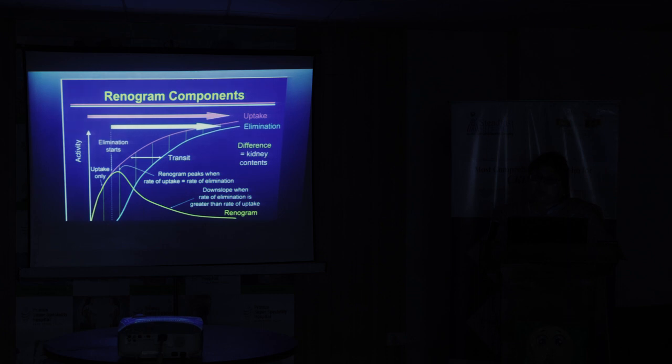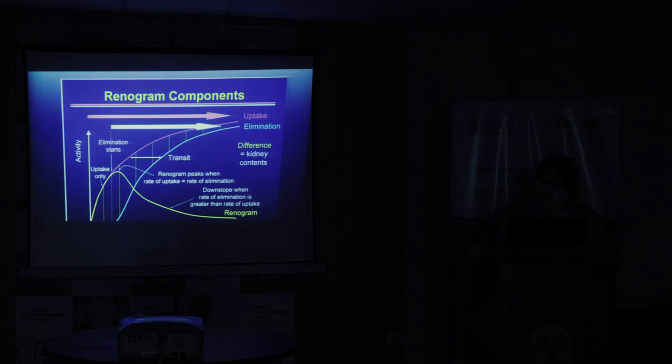The others are in a situation where there is a slowing of the elimination, and the more the slowing of the elimination, the steeper the upslope of the curve, right? So there would be some where initially there would be an upslope, and then the curve starts to go down.